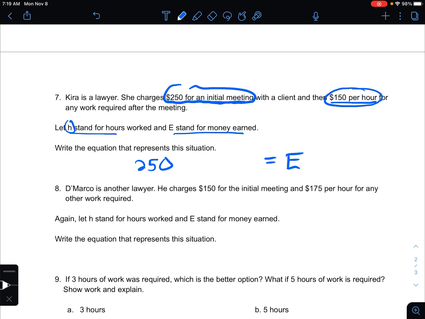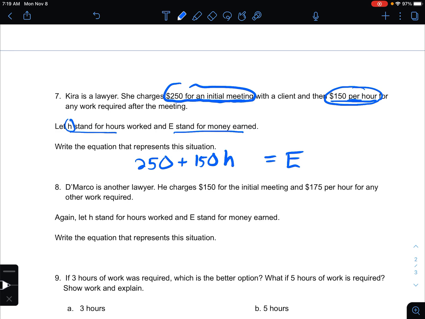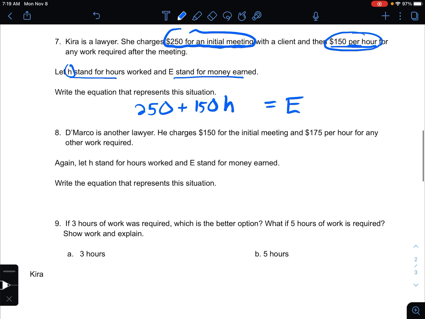Remember, H stands for hours, so if we were going to add on 150 per hour, remember that word per really means times the number of hours. So 150 times H. So 250 plus 150 times H. So if she worked like 2 hours, 150 times 2 would be 300. So 300 would get added on to that initial meeting cost, and so on and so forth.